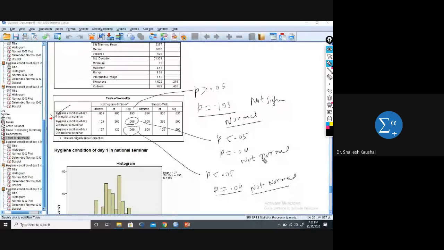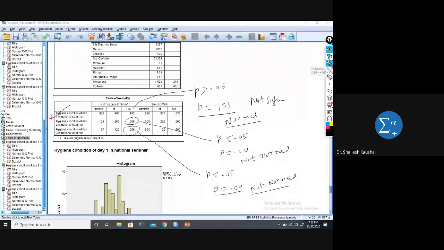Okay, so through descriptive statistics, meaning the value of skewness and kurtosis, Day 1 data was normal, and through the K-S test it is normal, but Day 2 and Day 3 data are not normal.